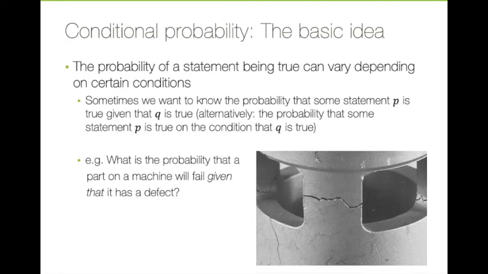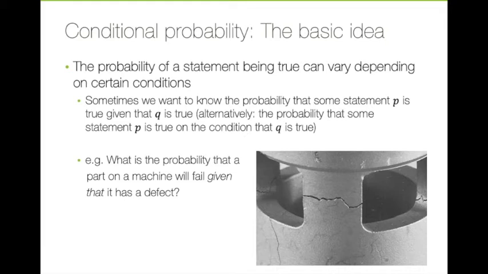The idea behind conditional probability is that the probability of a statement being true can vary depending on certain conditions, certain other statements being true or not. Sometimes we want to know more than just the probability that some statement P is true.